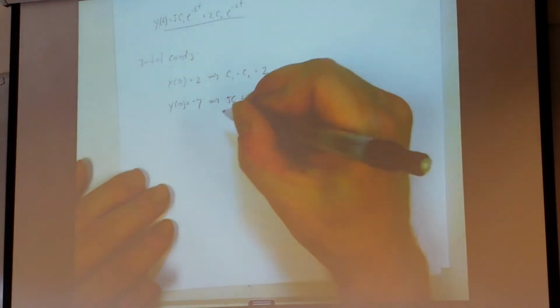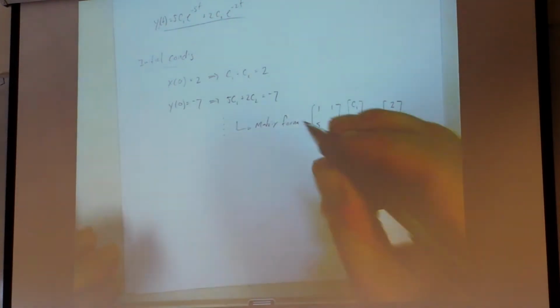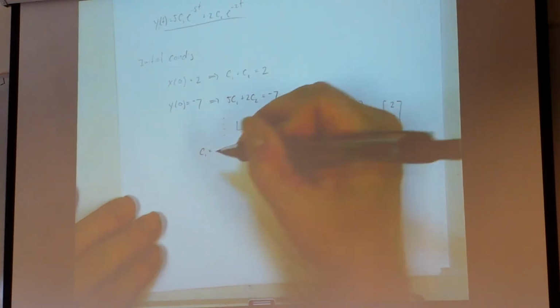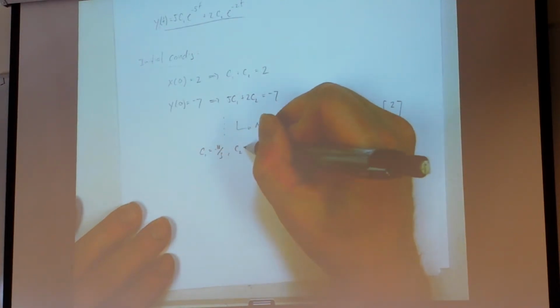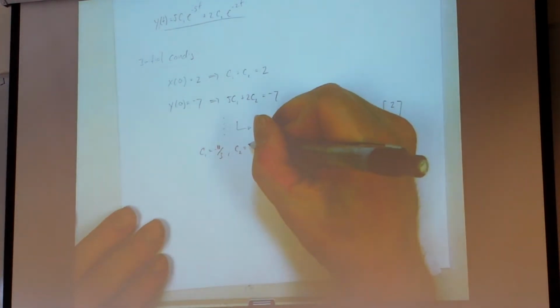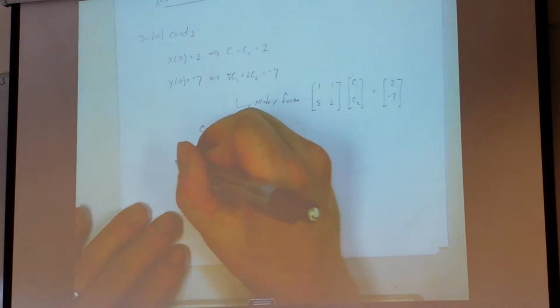But you can solve this various ways. Without showing the work, C1 is -11/3 and C2 is 17/3. All right.